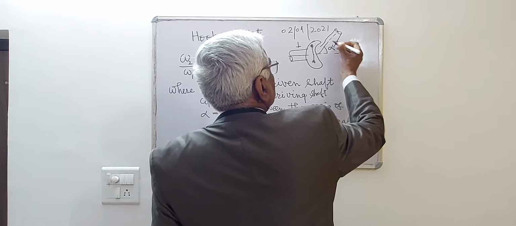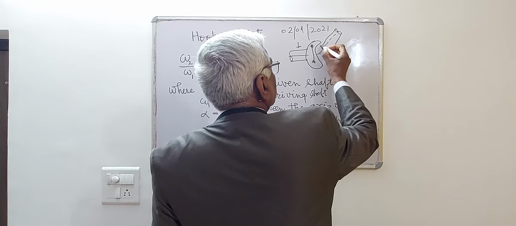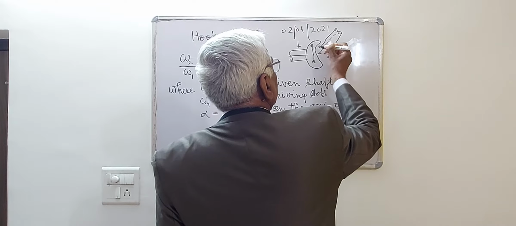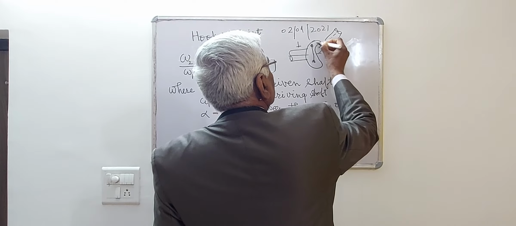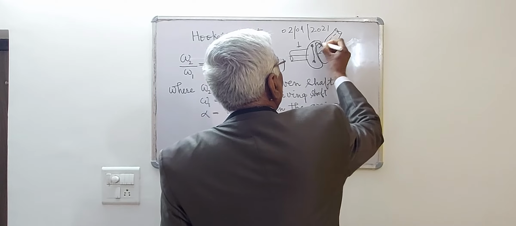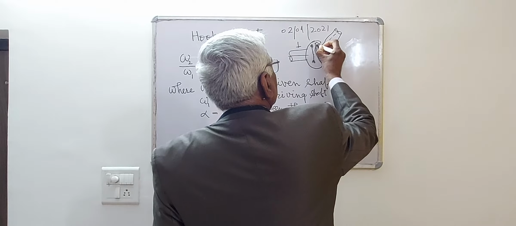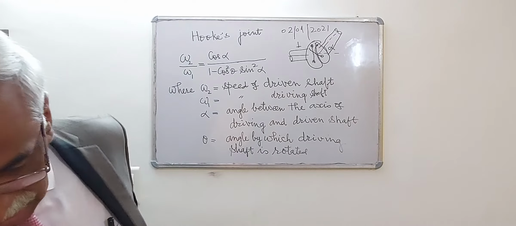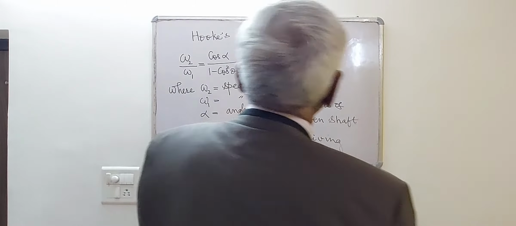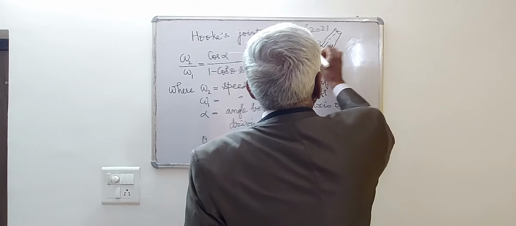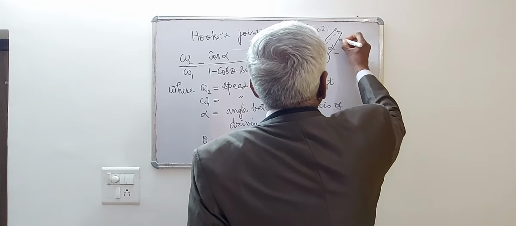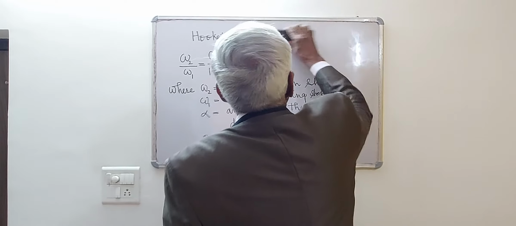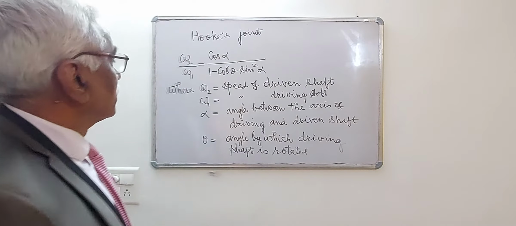It is also provided with a fork which is connected like this. So ultimately, this is the angle between the axis of the driving and driven shafts. The driven shaft is indicated by 2, and the driving shaft by 1, with omega 1 and omega 2.